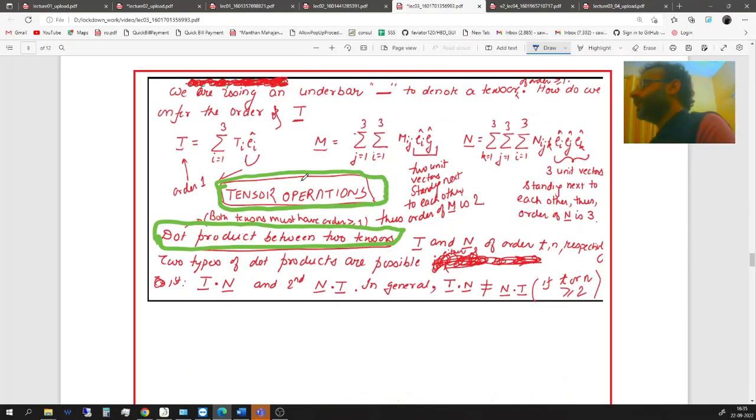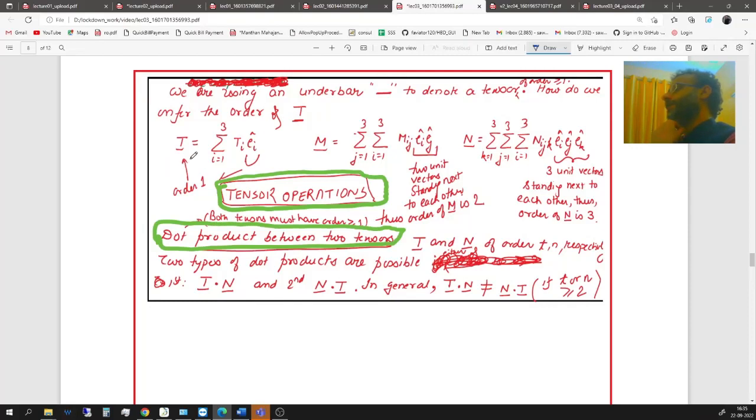Note that we are using an underbar to denote a tensor, and this question may come to your mind: since all the tensors have an underbar, how do I know which order tensor it represents? As I said earlier, it can be inferred from the context.